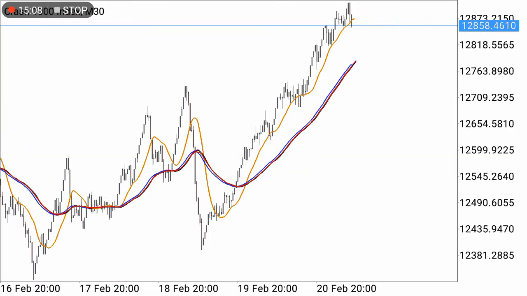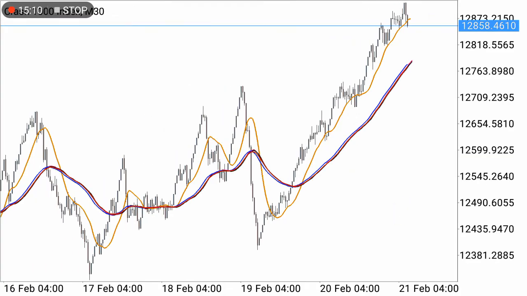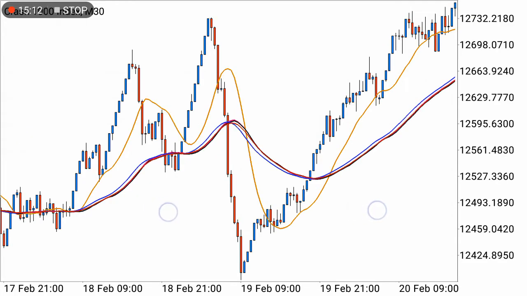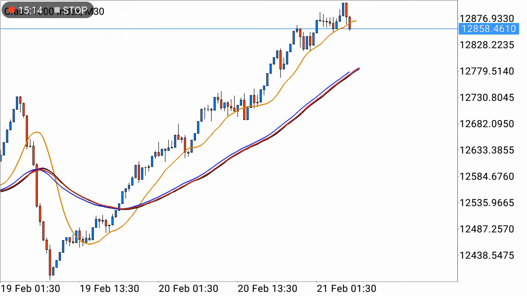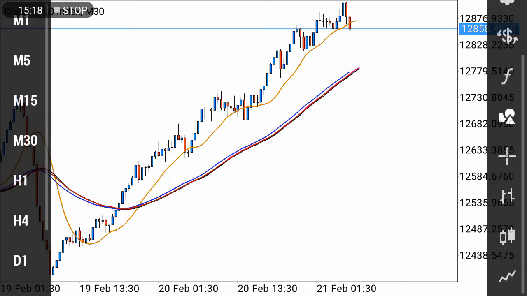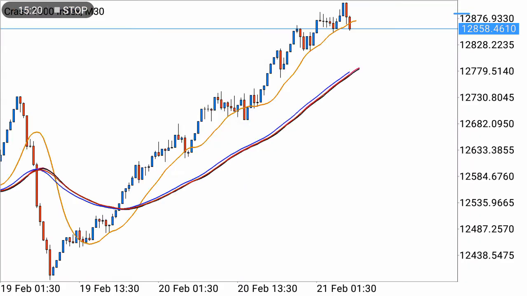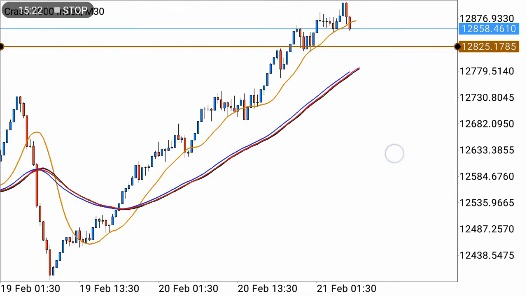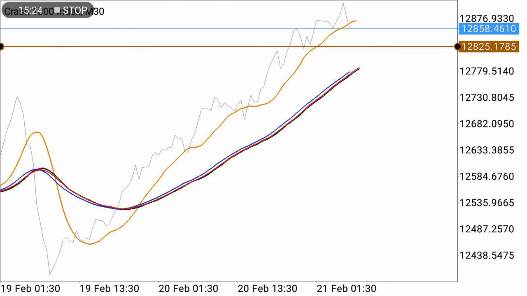M30. Now it's time to zoom in one time. See the clear picture. Choose the horizontal lines. Draw the support and resistance.